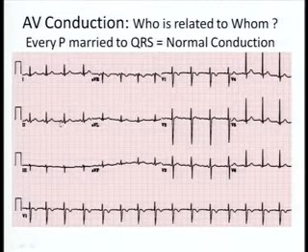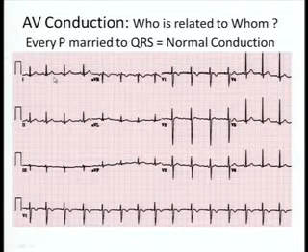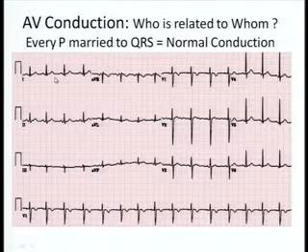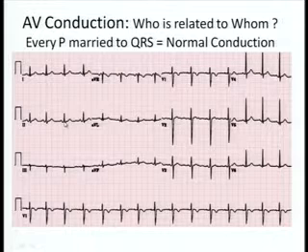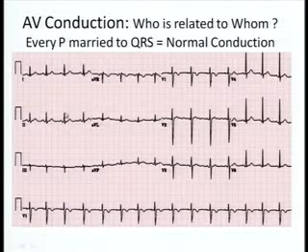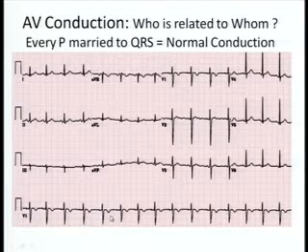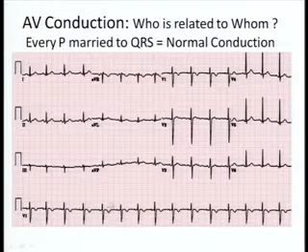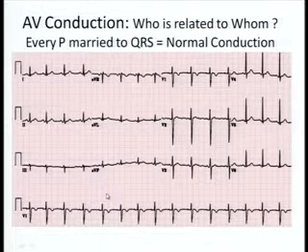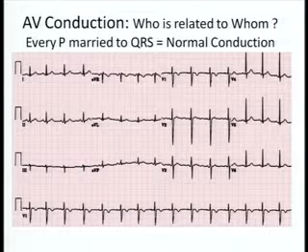P wave in lead 2 is slightly taller than lead 1, so normal sinus rhythm. The PR interval is married to the QRS complex. Each P wave is married to the next QRS. So it's a very happy married life. So we call it normal conduction.